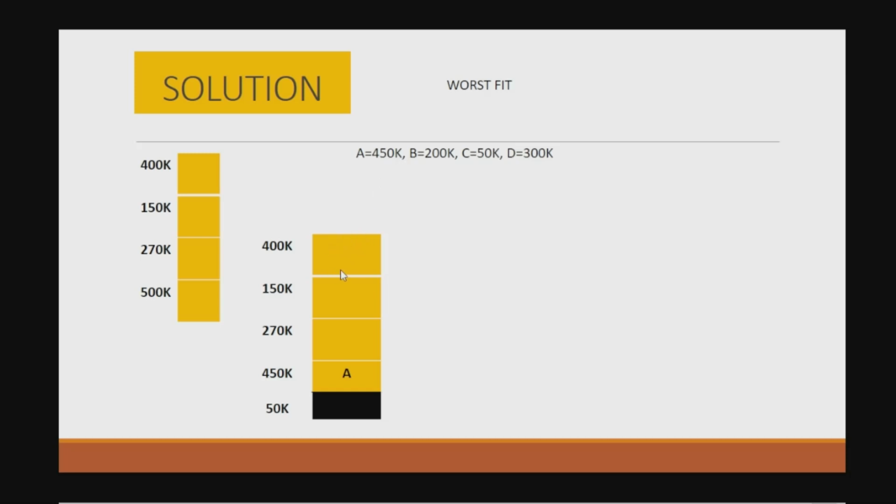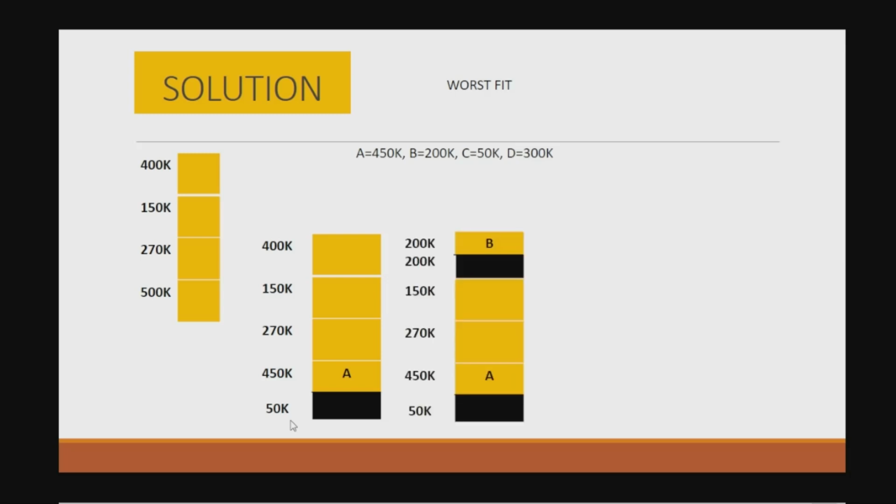Here is not enough, not enough, not enough, so it will be allocated at this block. So the balance is 50k. The next process is process B. So process B goes here, the balance will be 200. This one is not enough, this one the balance is 70, so it will go to this part because this is the worst part.